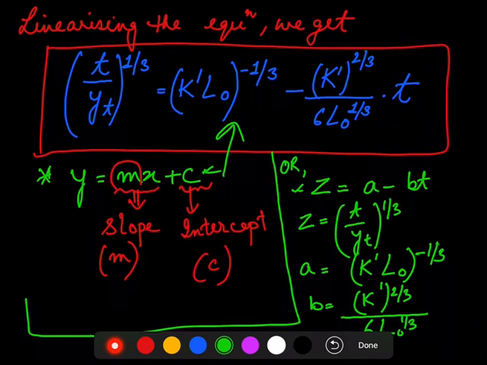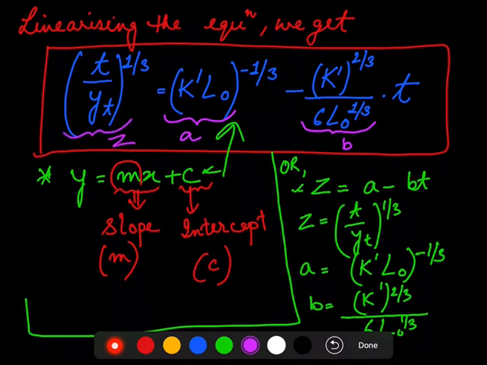So in short, this portion is your slope, here it is b, this is your a, and this is your z. Intercept is your c, and b is your slope.